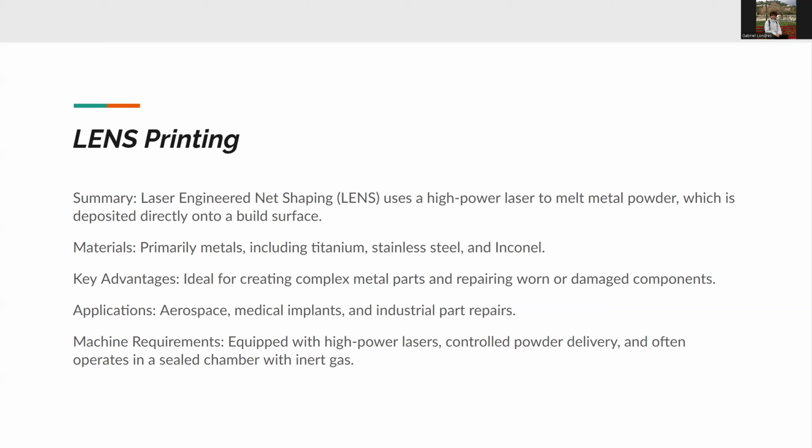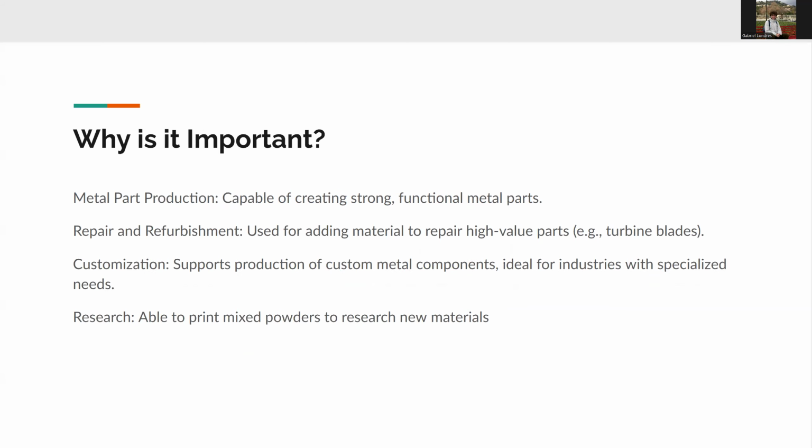These LENS printers often require very high-powered lasers, controlled power delivery, and often operate in a sealed chamber with inert gas, such as argon. Why is it important? It is capable of creating very strong functional metal parts.